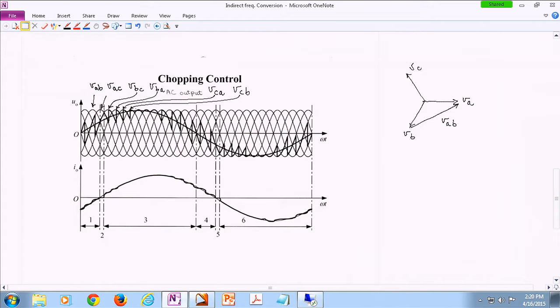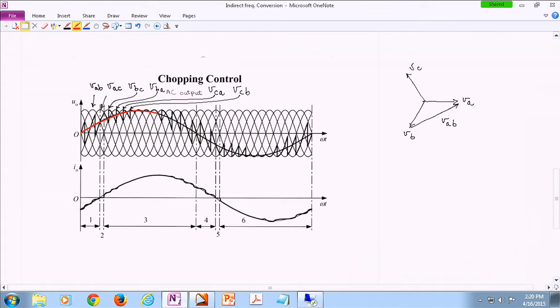So let's say I am at a particular operating mode in the system, and I would like my output voltage to follow VAB. For instance, let's say this is my desired output voltage. I'm trying to generate or synthesize a very low frequency output voltage.